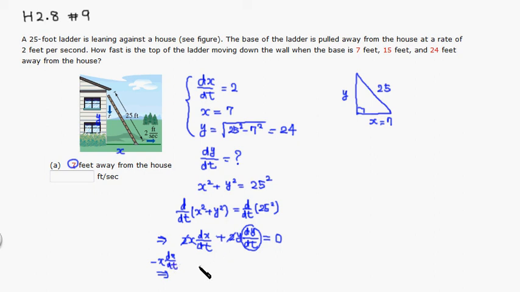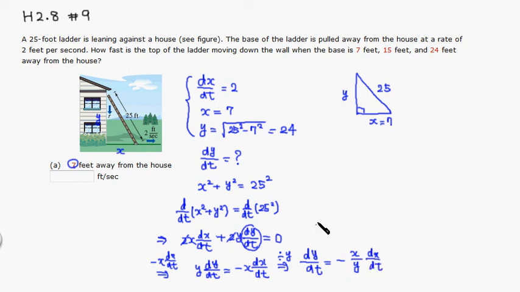So y times dy over dt is equal to negative x dx over dt. Then you just divide through by y. So dy over dt is equal to negative x over y, times dx over dt.